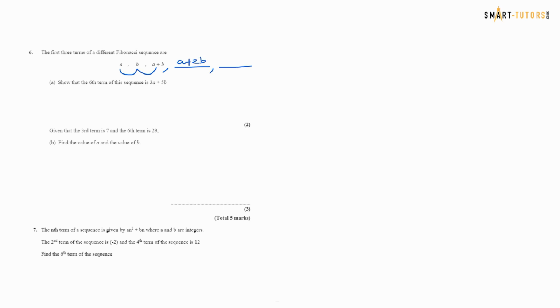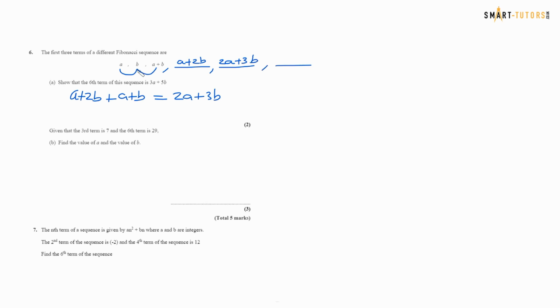And if you want the 5th term, 1, 2, 3, 4, 5th term is A plus 2B plus A plus B, which is 2A plus 3B. So write it here, 3B.